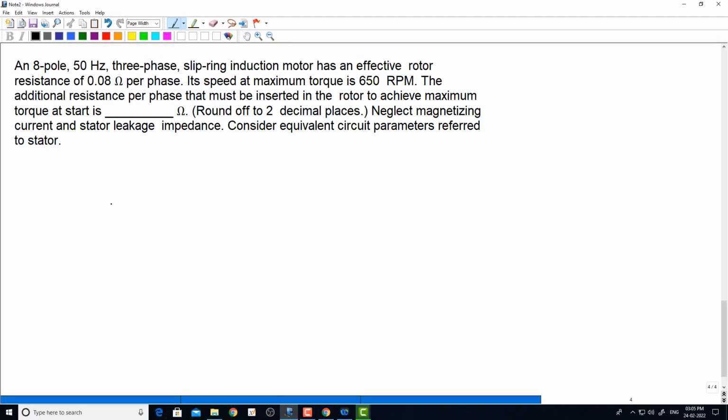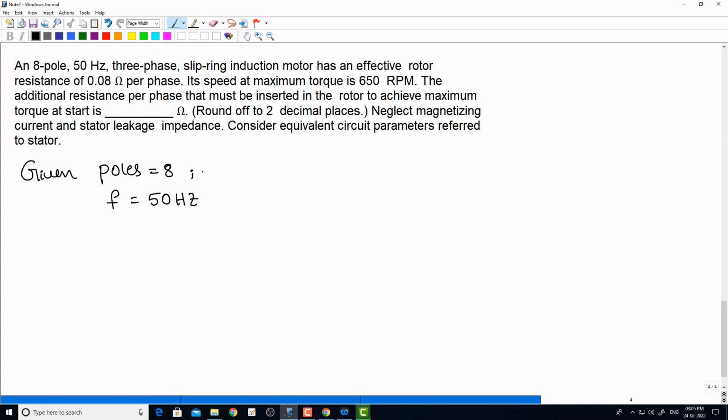So, the given data. What is given? The number of poles is equal to 8 and the frequency of the supply is 50 Hz.